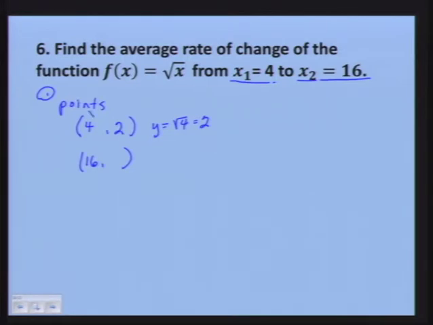And since that was x sub 1, this 2 is our y sub 1. And then here our x is 16, so plugging in our f of x equals square root of x, we get y equals square root of 16, or 4. And 16 was our x sub 2, and 4 is our y sub 2. All right, now that we have our points, we're ready to find the average rate of change.